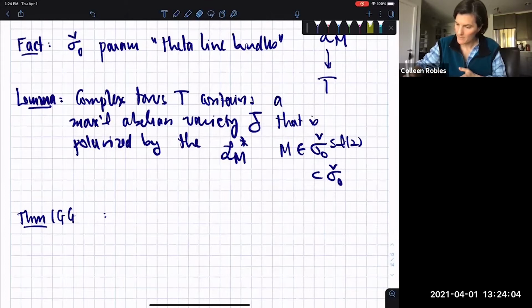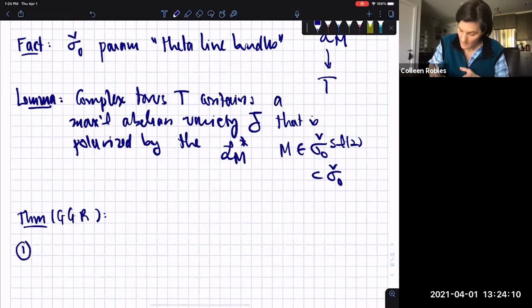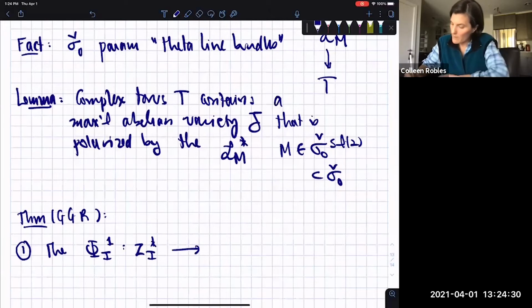So the first statement is that these quotient maps that retain the level 1 extension data, the phi I1, would throw out all the extension data except that of level 1.